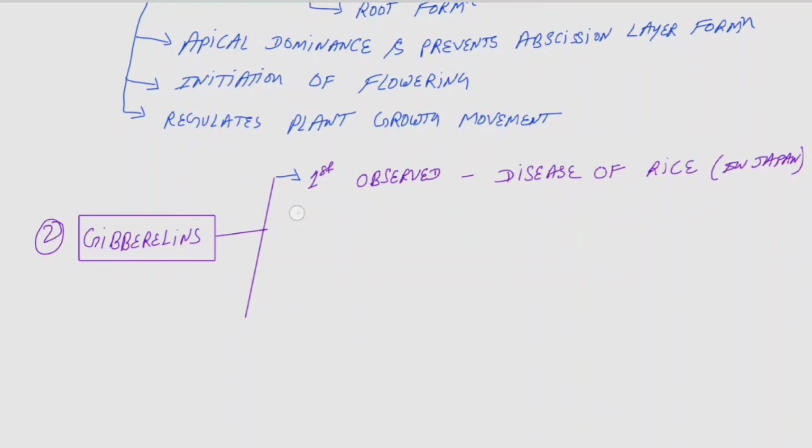Now let's talk about the functions of gibberellins. First is leaf expansion, that means increased surface area of a leaf for photosynthesis.